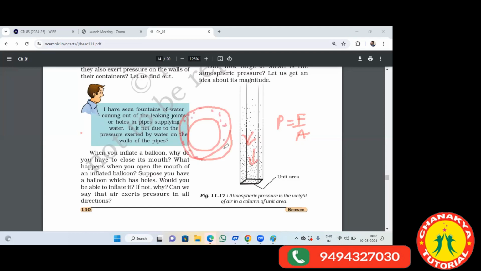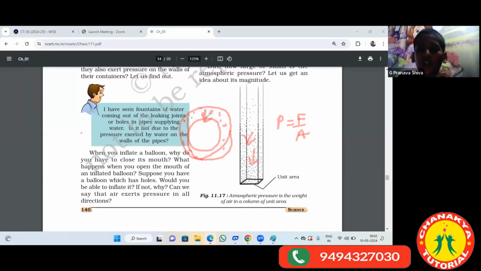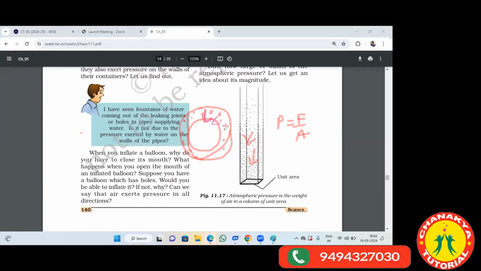As we know, this air exerts a force on the surface of the earth. From all the directions, it is exerting a force on the surface of the earth, and all the force is normal to the surface. So hence we can find out the pressure.